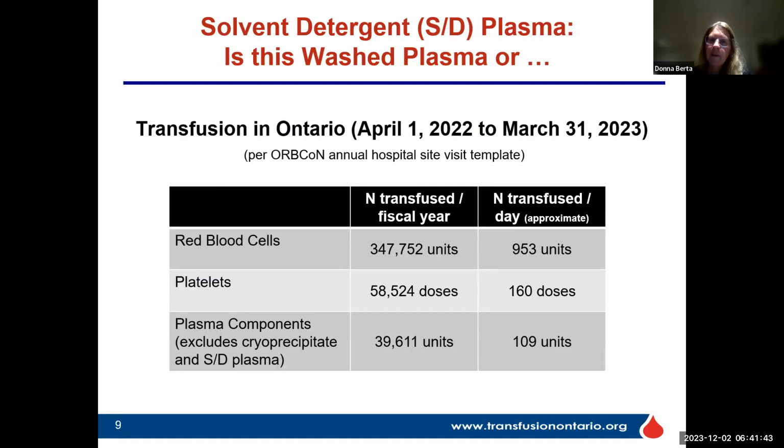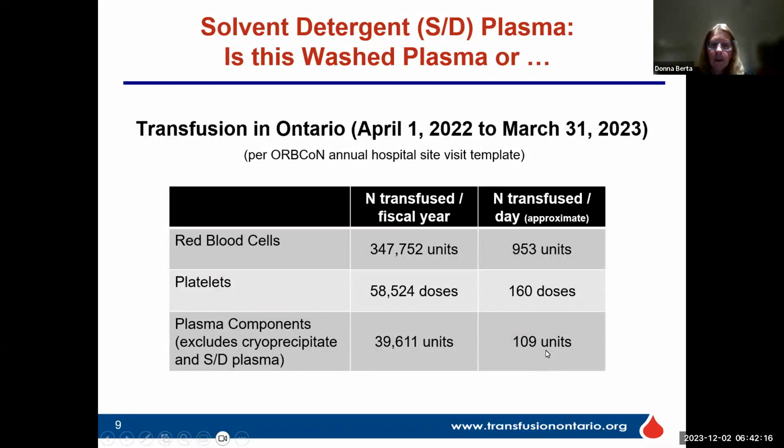So just to put plasma transfusion in a bit of perspective, this data is from the Ontario Regional Blood Coordinating Network, their hospital site visit data, and this is based on transfusions from April 1st, 2022 to March 31st, 2023. So in Ontario, every day, about 953 units of red cells were transfused, 160 platelet doses, and 109 units of plasma.